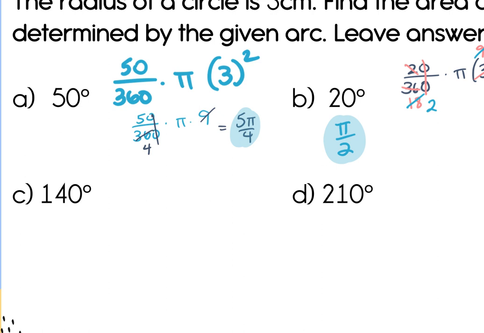Let's repeat that for C. 140 over 360 times pi. We know r squared is now 9. The zeros cancel. What goes into both 14 and 36? 2, this would be 7 and 18.